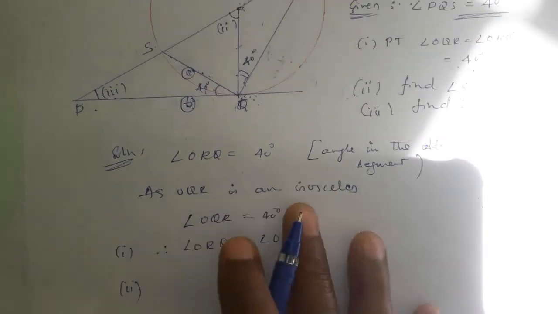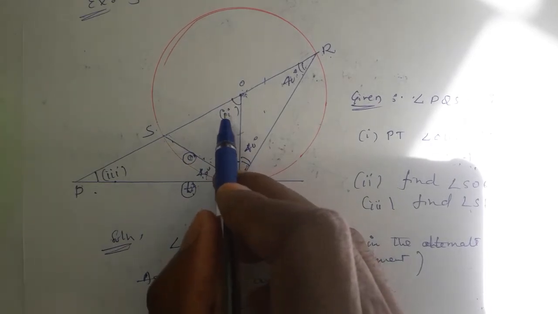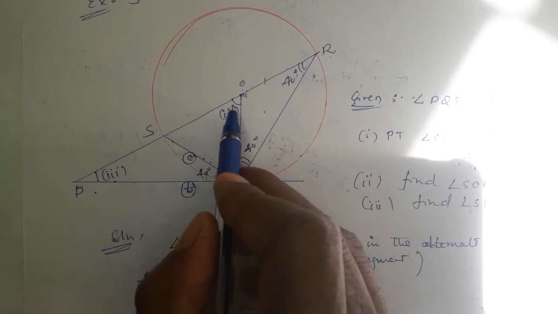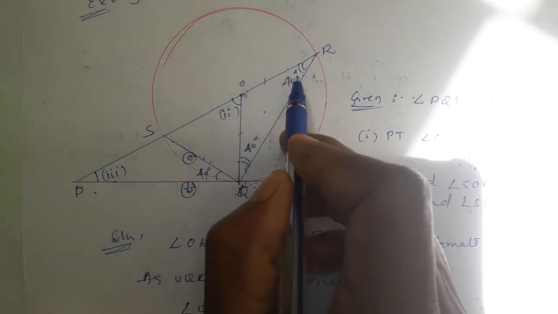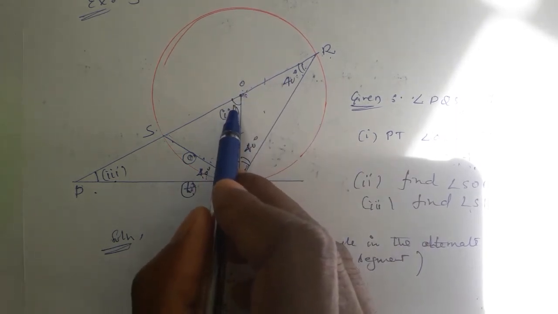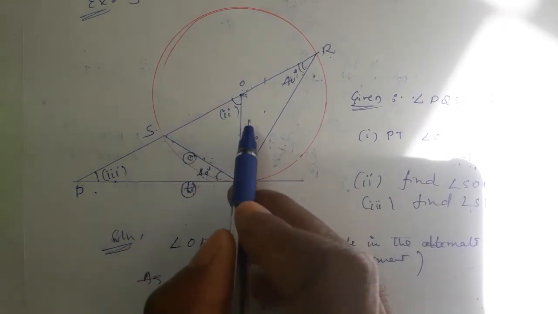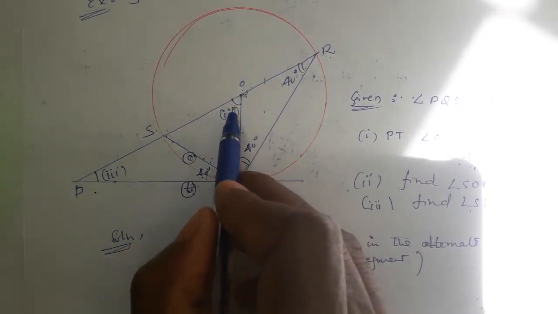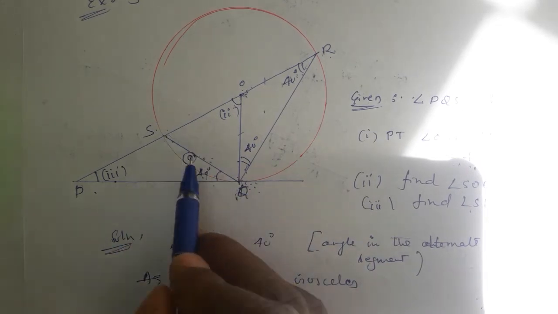Second, how to get this angle? This second angle is formed at the center. We know one theorem: the angle at the center is double the angle at the circumference. Look at this angle O, SOQ. It is formed from the S and Q ends.